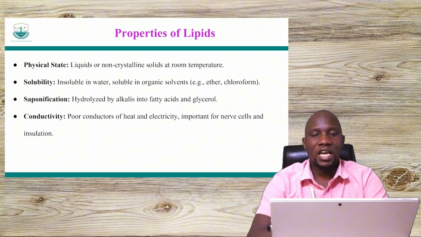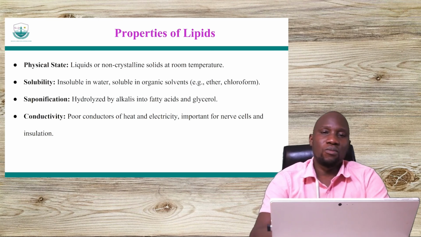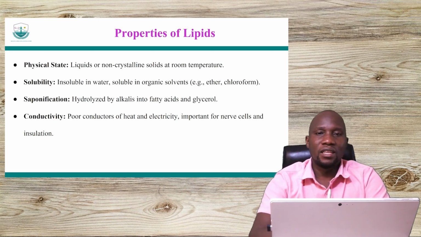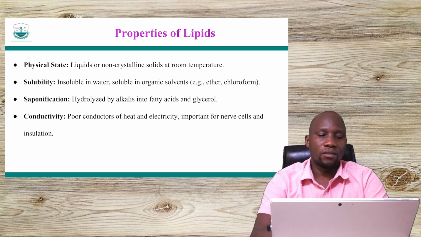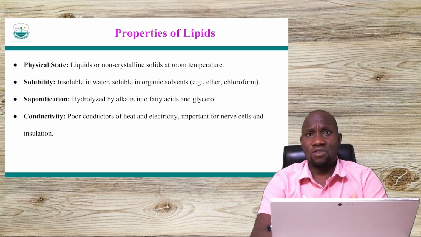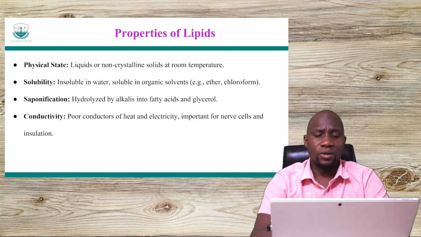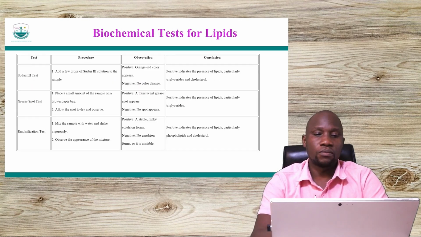It can be sodium stearate or potassium stearate plus glycerol. So basically, this reaction splits the oils or the fats into that salt and then the glycerol. Okay, they are poor conductors of heat and also electricity. That's why they are very important in insulation.